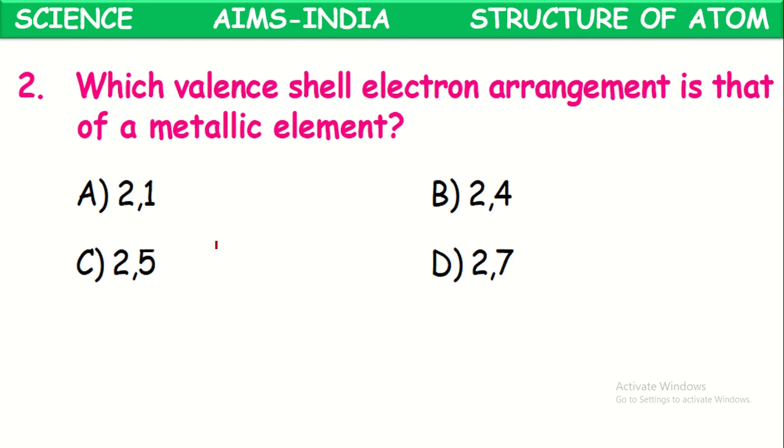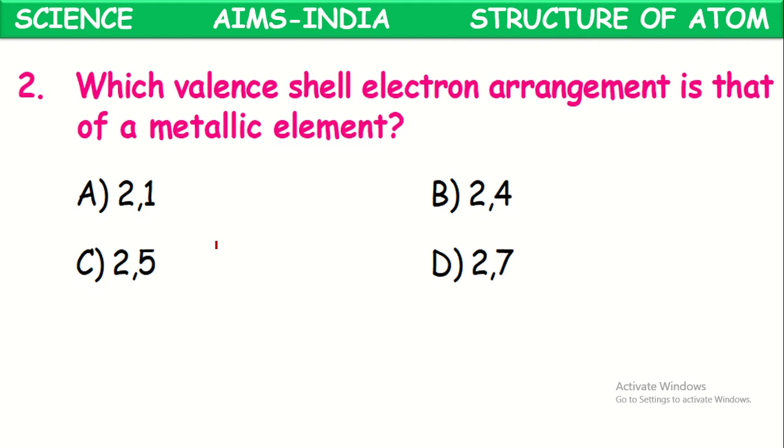Next, which valence shell electron arrangement is that of a metallic element? See, here some electronic configurations are mentioned. Which configuration represents the metallic element? We know the elements with 1, 2 or 3 valence electrons will be metallic in nature.